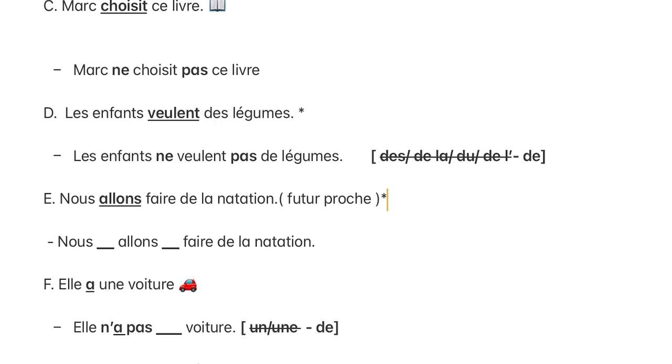And sometimes it can get confusing as to which is the conjugated verb. Well, the conjugated verb will always follow the subject or the subject pronoun. In this sentence, the subject pronoun is nous. So it is understood that allons, which comes right after nous, is the conjugated verb.